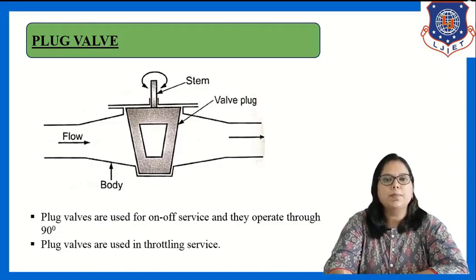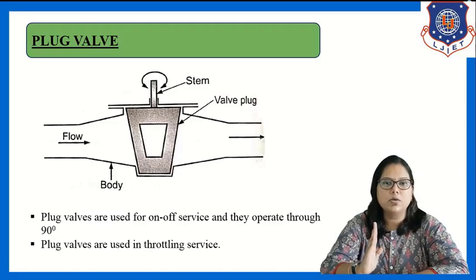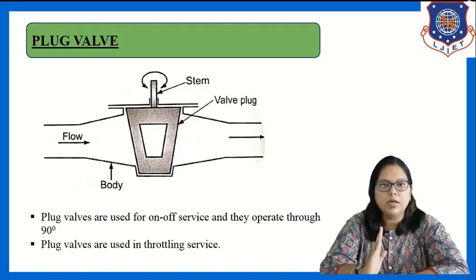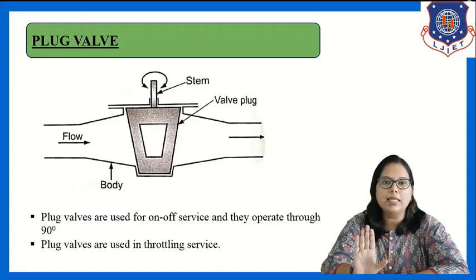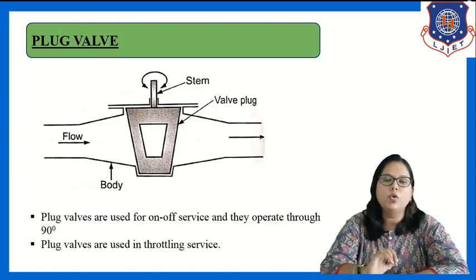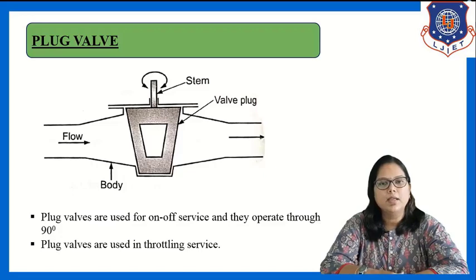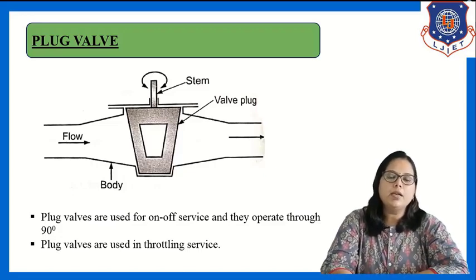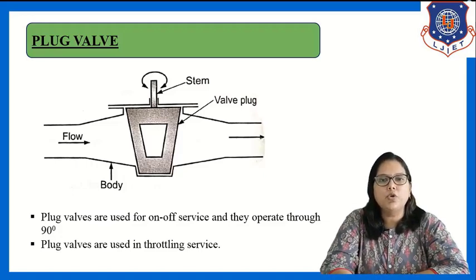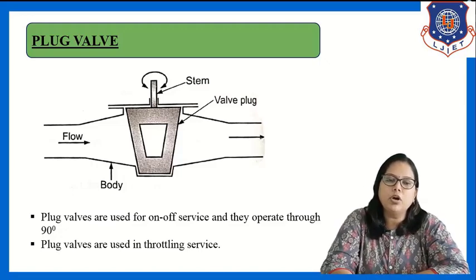That means the position is like this when it is in working condition or the flow is on, and the position is like this when the flow is off. It is not used in any application where we have to control the flow rate. It is used only for on-off control, or only in fully open or fully closed condition.